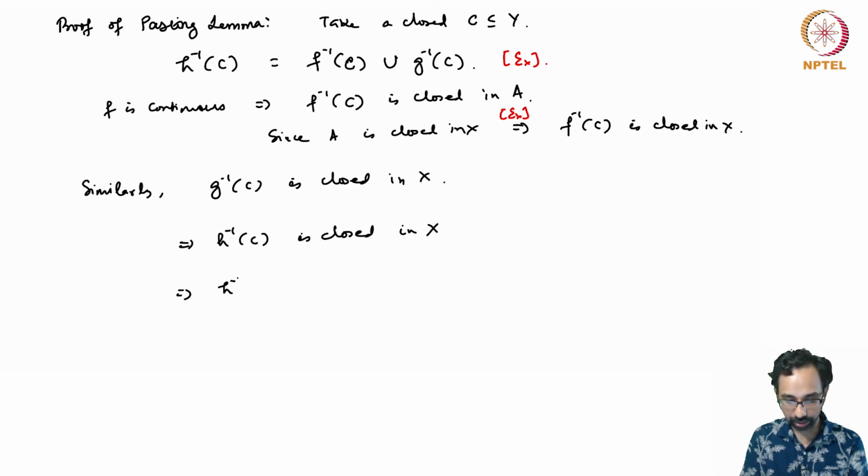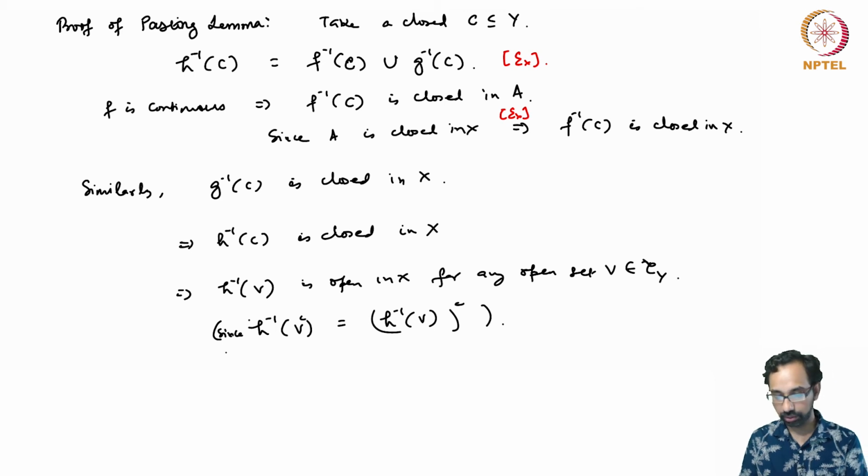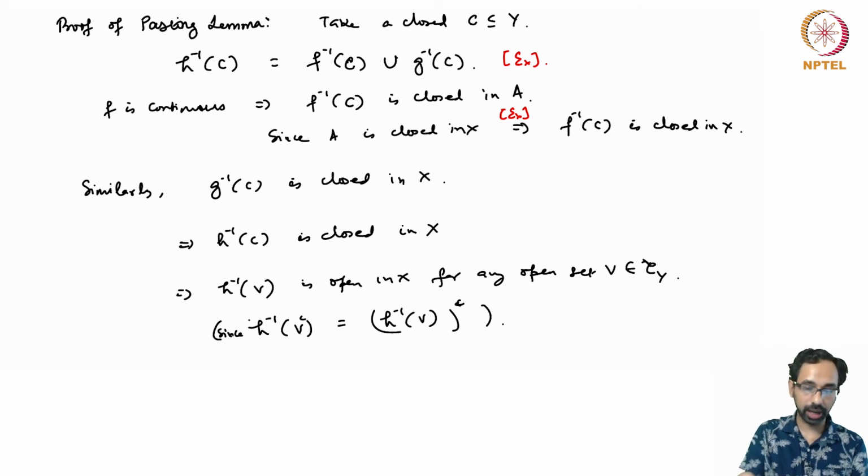This means that h inverse of any open set V in tau_Y is open in X. This is just because h inverse of V complement is equal to the complement of h inverse of V. So it is enough to show that the pre-image of closed sets under h is closed. So this concludes the proof of the pasting lemma.